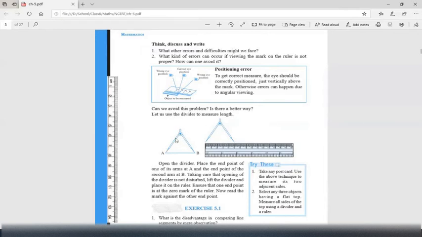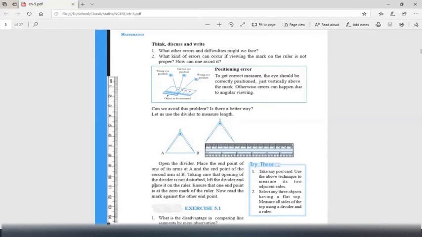When we use a divider, there are no such issues, and we can directly point to the two given points on the line and measure it on the scale or ruler correctly. Open the divider, place the end point of one of its arms at A and the end point of the second arm at B, taking care that the opening of the divider is not disturbed.